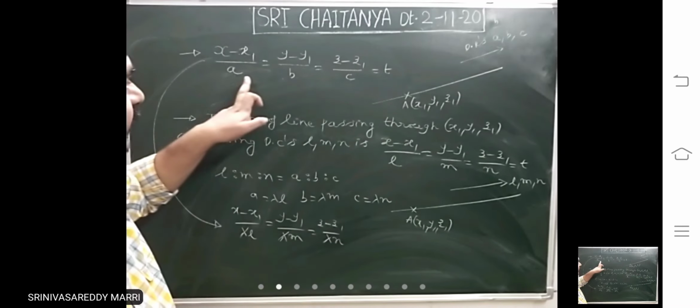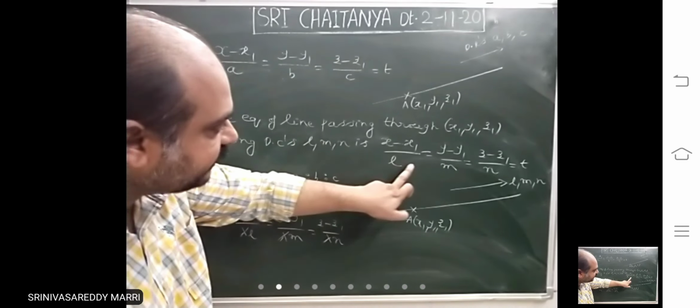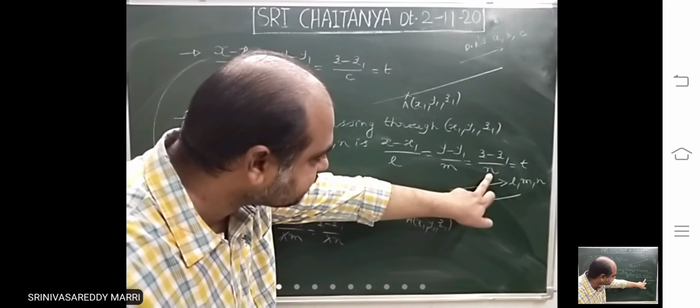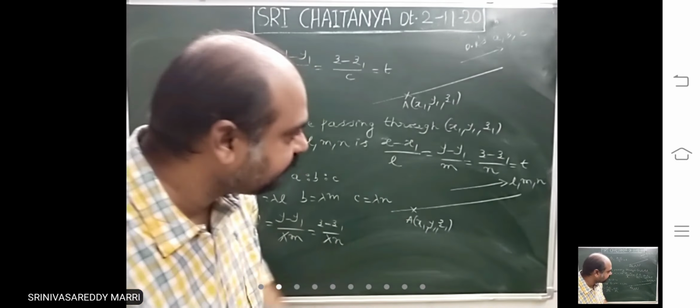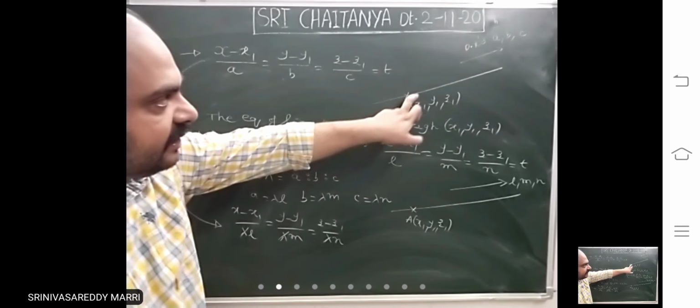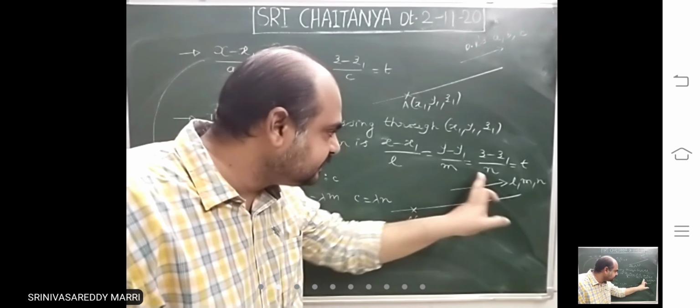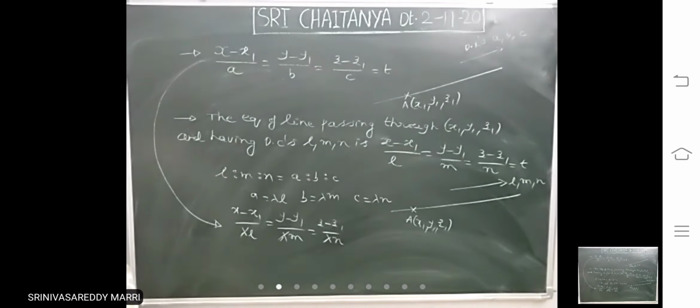Right? If DRs are given, we write DRs in the denominator. If DCs are given, we write DCs in the denominator. The point is the same, passing through (x1, y1, z1). These are the two forms. If a point on it and DRs are known, this form. If a point on it and DCs are known, this form. These are the two forms of a line.